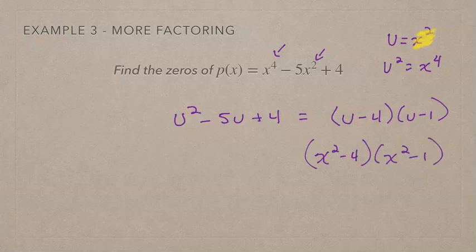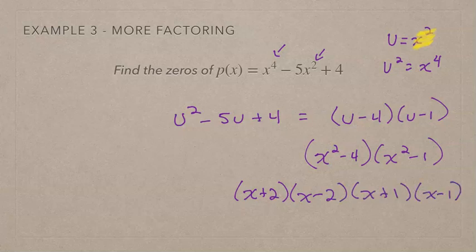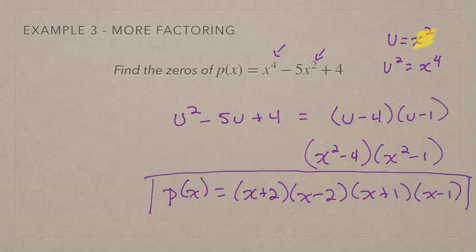Well, both of these are difference of squares, so let's break them up into their conjugate pairs. This first one is x plus 2, x minus 2. The second one is x plus 1, x minus 1. And what we have here is a fully factored version of p of x. Okay, so we were given p of x in standard form, and using u substitution, we were able to put it into factored form.